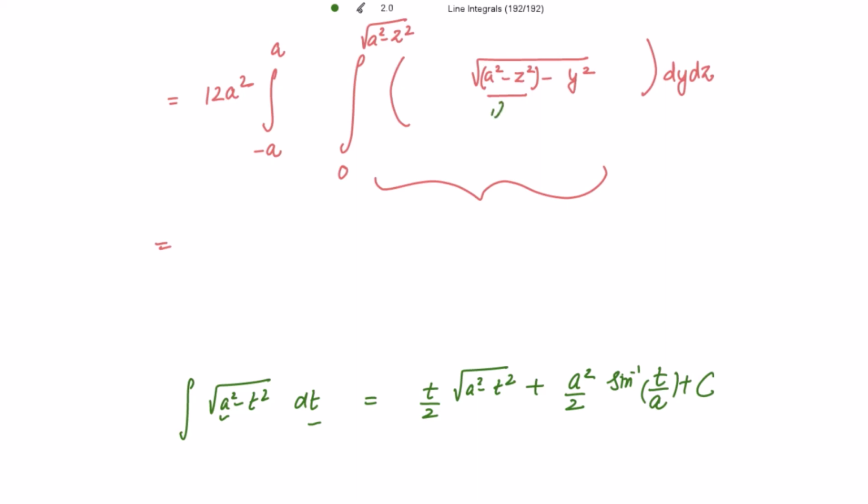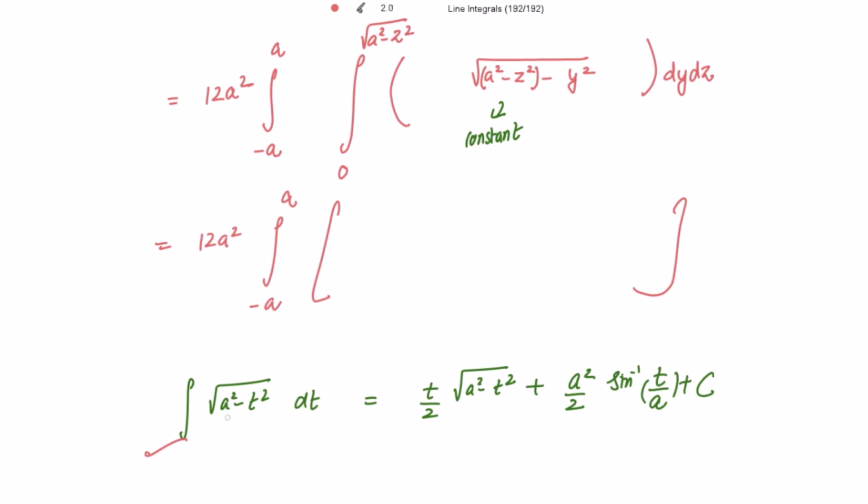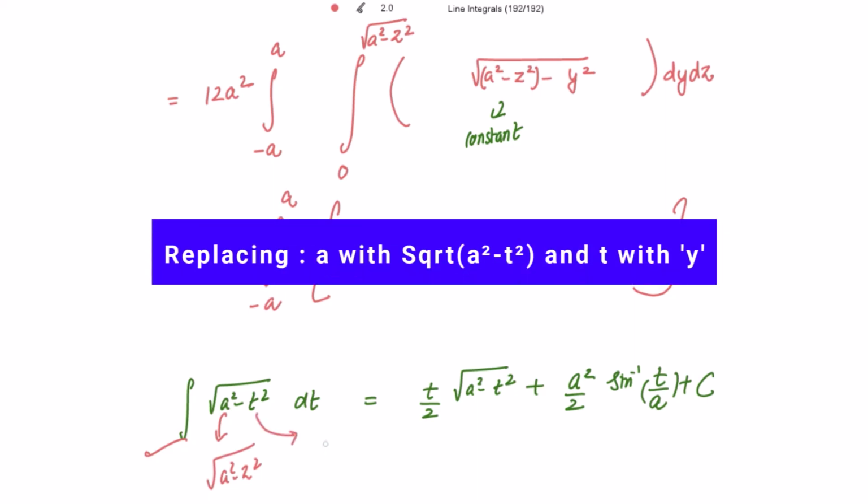Here a square minus z square is constant and the integration is with respect to y. So matching the result, replacing this a with square root of a square minus z square and replacing this t with y.